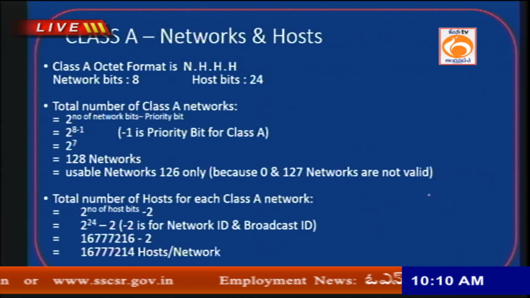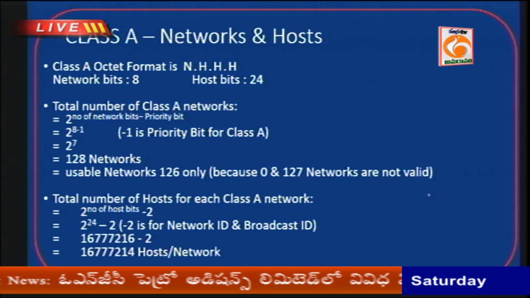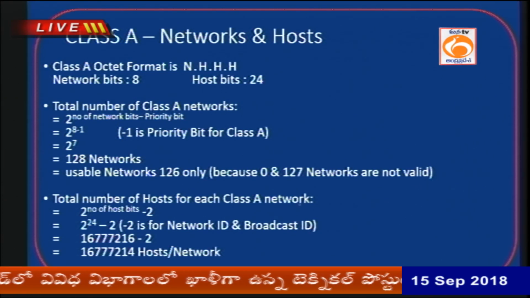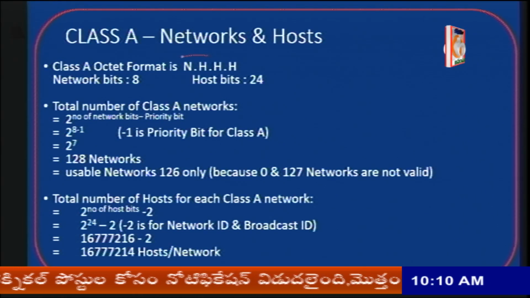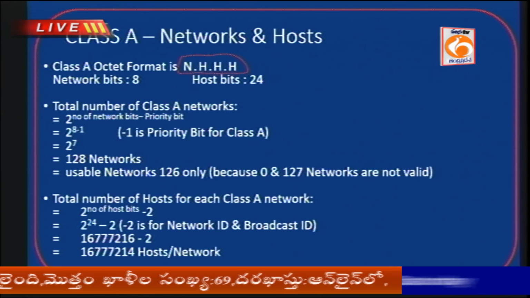Okay. So, next we have class A. We only took the range, but how did we get that range, how many networks are available in class A, and how many hosts are available for each class A network? We substitute the network bits and host bits into the corresponding formula.